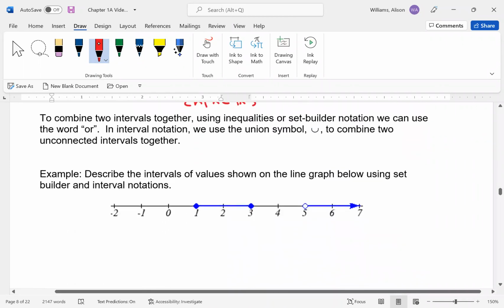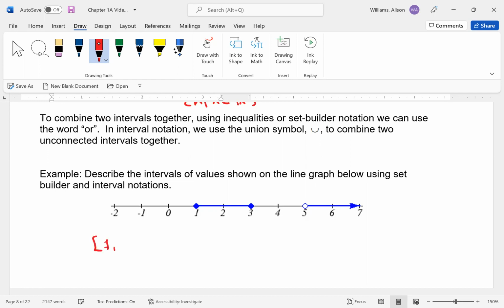Okay, now they do mention that it's possible to have two sets or two pieces of information that we want to combine together, like in this example here. So if I wanted to write this in interval notation, the first set of numbers from 1 to 3, I would write as bracket 1, 3, close bracket, because both of those numbers are included in the set.